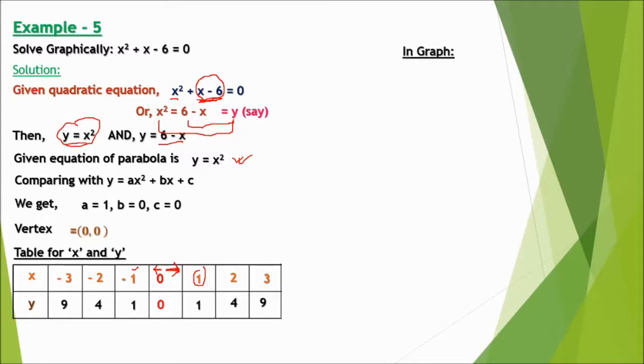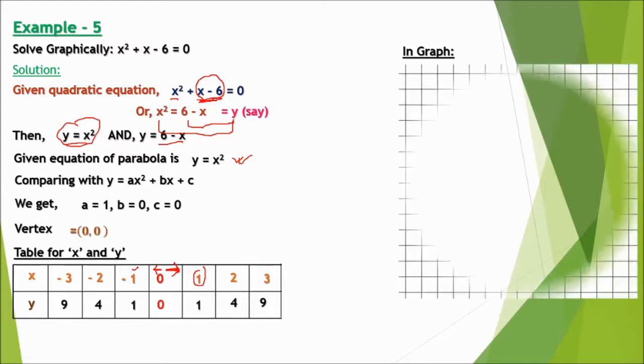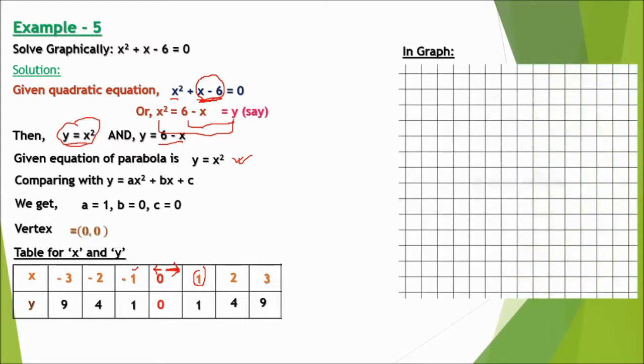In the graph, we need graph paper. Okay, graph paper is there for us. Draw the axes, name the axes, and set the scale. One square box is taken as 1 unit. So let's first plot the origin 0, 0.